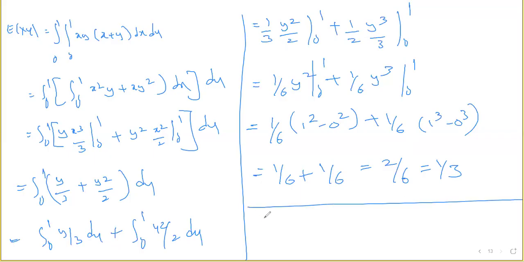So by this calculation, what we got? The expected value of xy is 1 by 3. The expected value of x is 7 by 12, and the expected value of y is also 7 by 12. Put into our covariance formula: the covariance of x comma y is equal to the expected value of xy minus the expected value of x into the expected value of y. So the expected value of xy is 1 by 3, as we found, into 7 by 12 times 7 by 12.